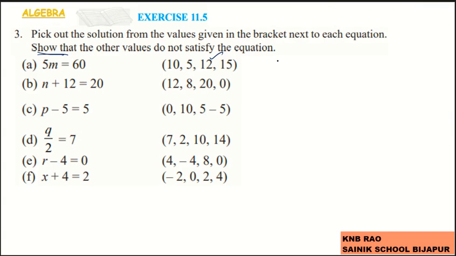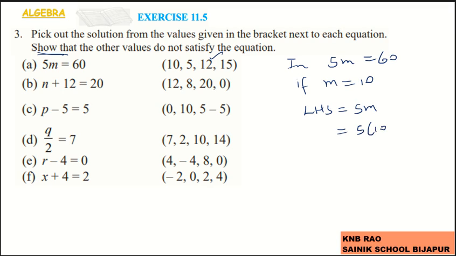So I am doing it for the first one. In 5m equals to 60, if m equals to 10, left hand side, which is 5m, where 5 into 10 gives 50, this is not equals to right hand side, which is 60.